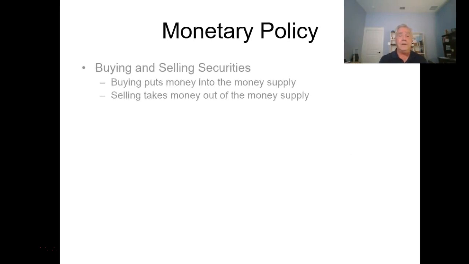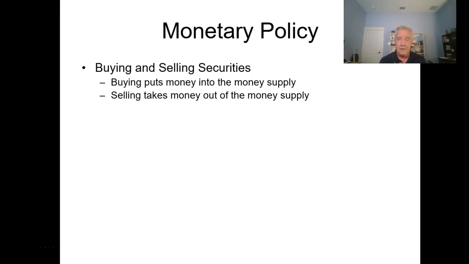Okay, monetary policy. One of the other ways they do it is by buying and selling securities, particularly government securities: Treasury bills, T-bills, 10-year notes, 20-year notes, 2-year notes, etc. If the Federal Reserve is in the mode to expand the economy, they will buy bonds, and by buying bonds, they're putting cash out into the economy.